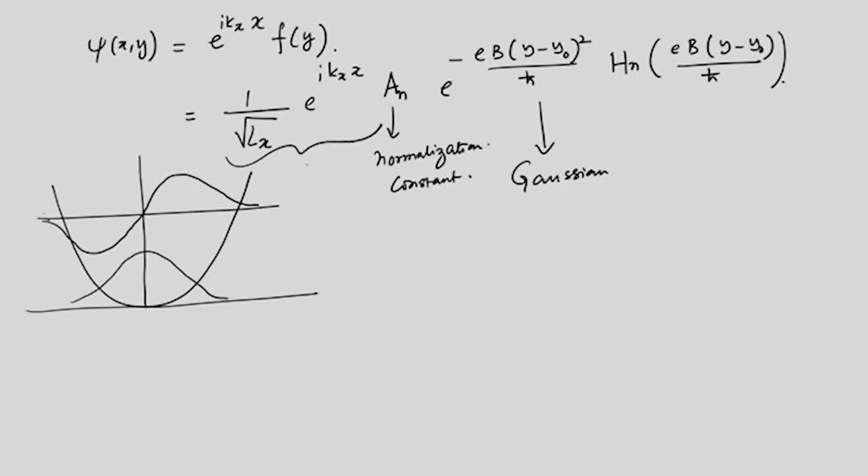This part is purely because of the x part, and this is because of the y. And as I said, the z component, even if you consider it, is like a free particle in the z direction. In particular, if you confine electrons in 2 dimensions, then that term does not arise.